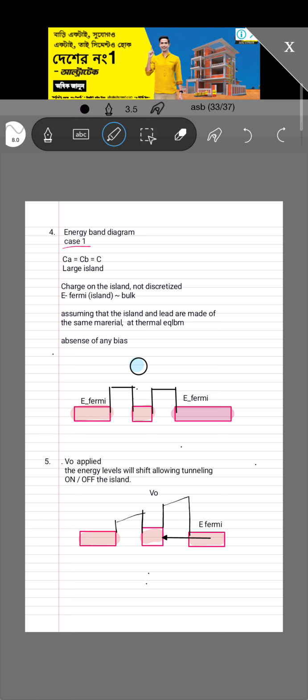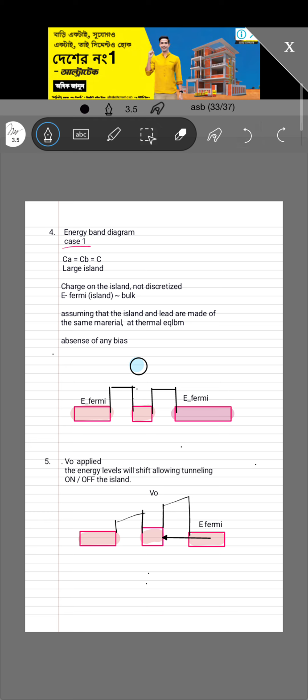There won't be any energy levels formed, which shows that the island and the lead are of the same material at the thermal order. In the other thermal order, there won't be any energy levels, any discretization of energy possible. There won't be any energy levels formed here.